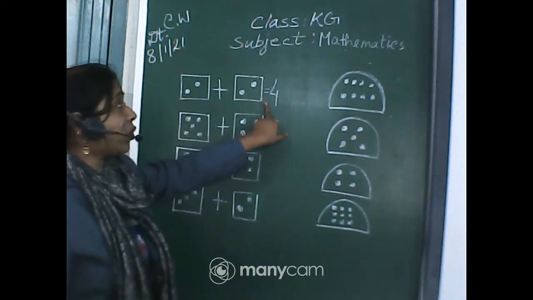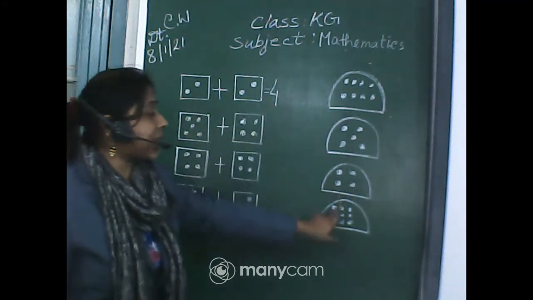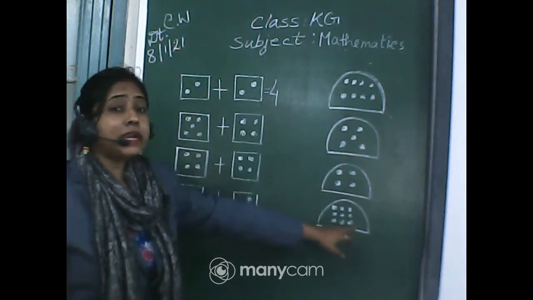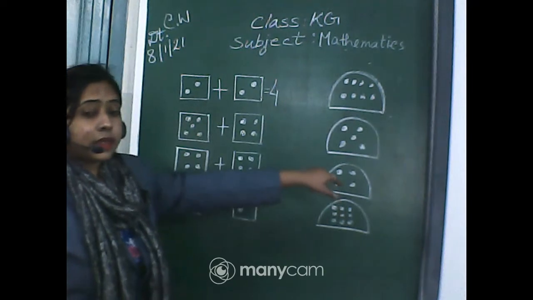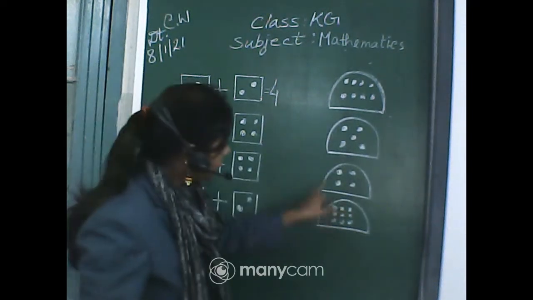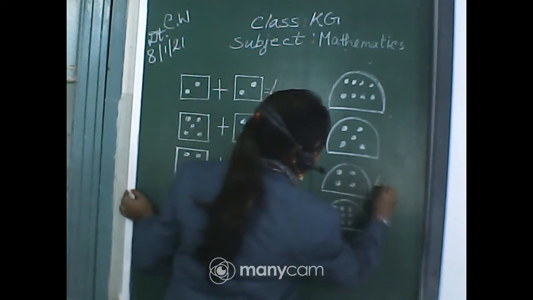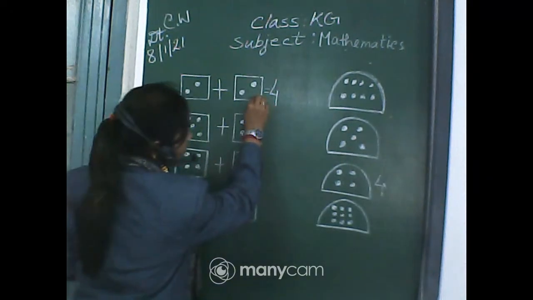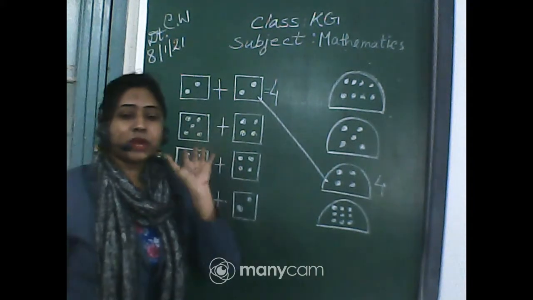So we are matching this left side with the right side, where you should find 4 dots in this semicircle. Yes, third one: 1, 2, 3, 4. Here is also 4. So we matched with this. Number 1 we have completed.